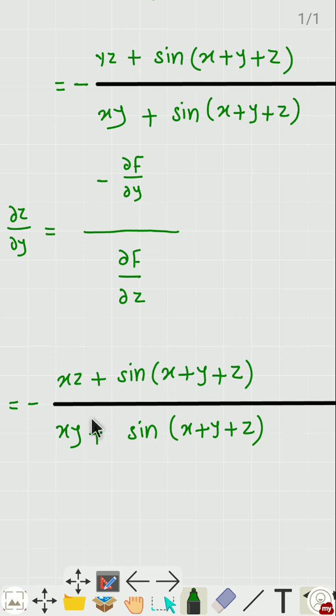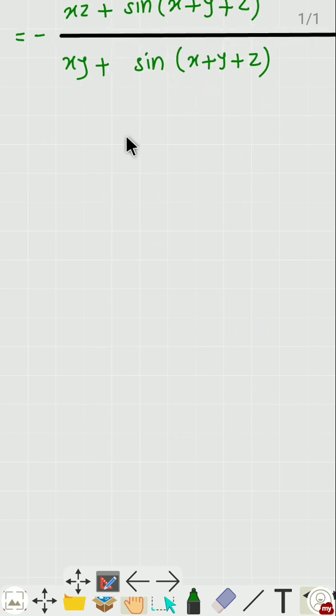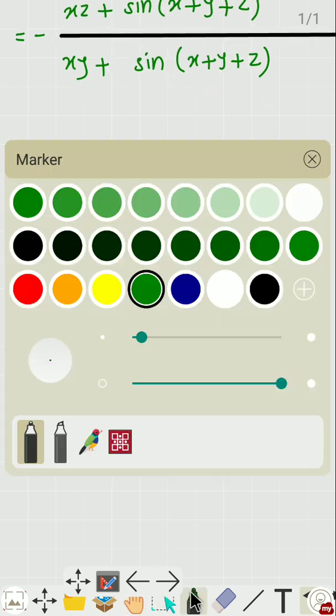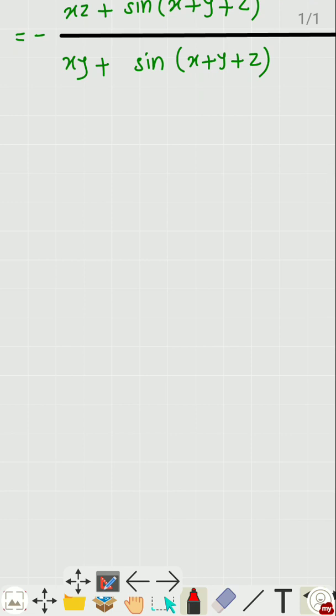Okay, so let us go to the next now. Next point of this unit is second derivative test for extrema of function of two variables. Okay, that is our new point here, second derivative test.